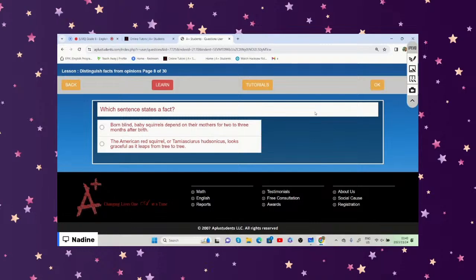And now, which sentence states a fact? Born blind, baby squirrels depend on their mothers for 2 or 3 months after birth.